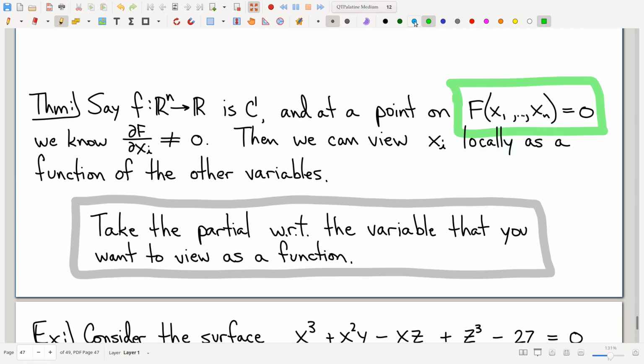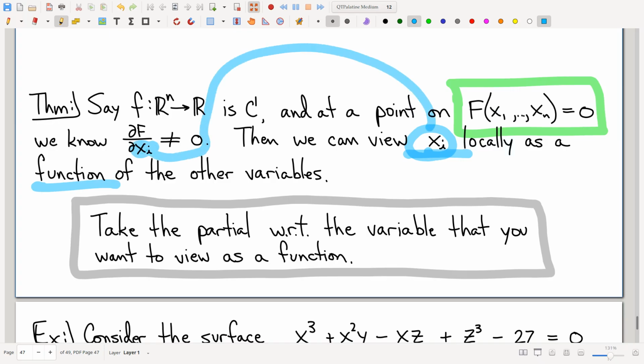If you want to view one of those variables locally as being a function of the others, whichever variable you want to view as a function, that's the one that you need to take the partial with respect to and confirm that it's not 0.